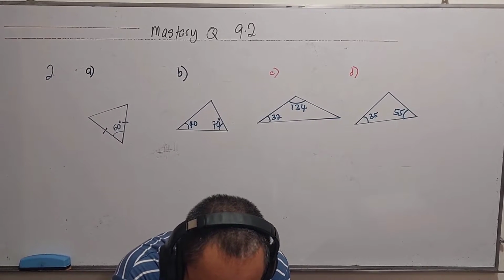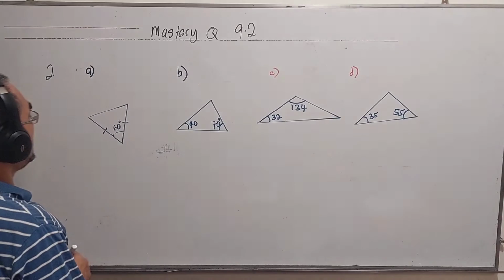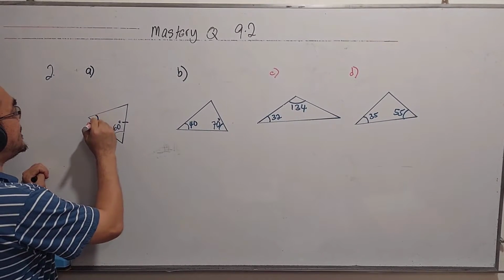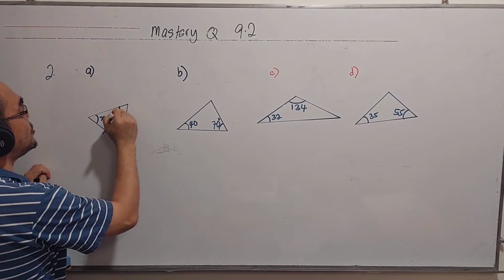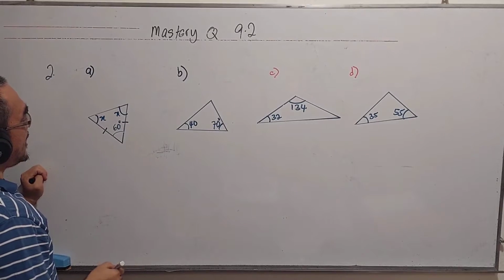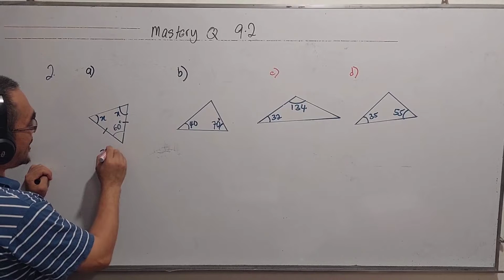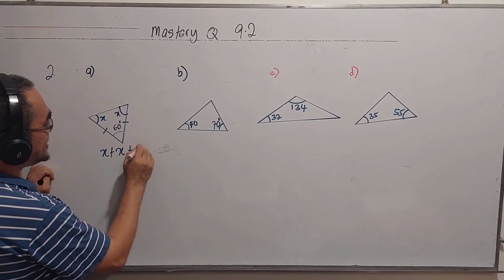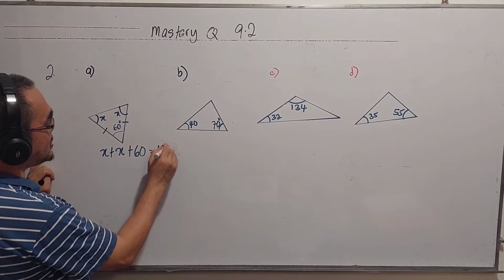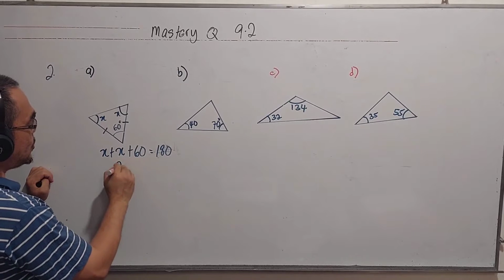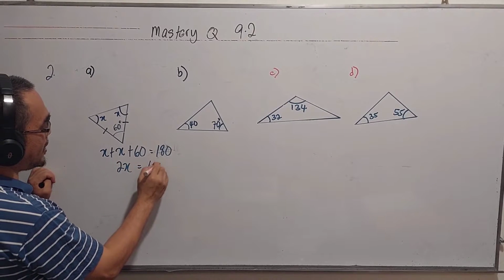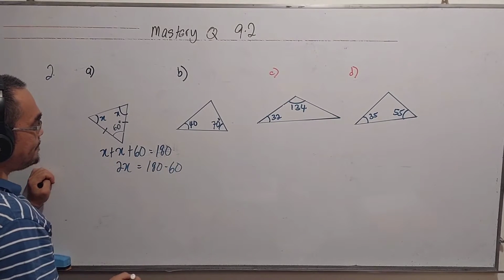There is one angle of 60 degrees there. So I will label this here as x. Here is also x. Then I will calculate the value of x. I will say x plus x plus 60 will be 180. So 2x is equal to 180 minus 60.